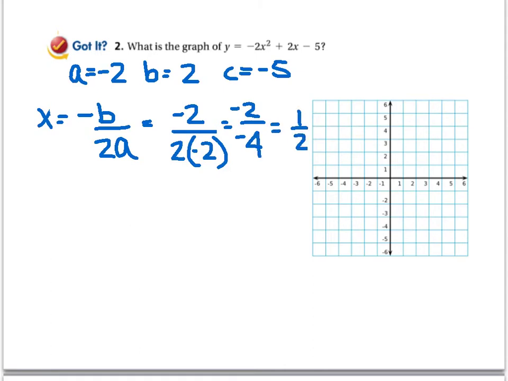And that simplifies to 1/2. So your x value is 1/2, meaning you would have an axis of symmetry at 1/2.